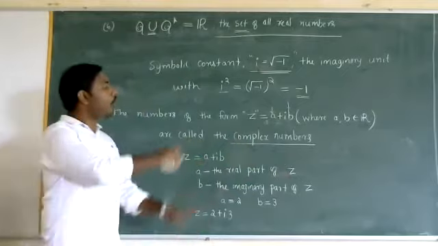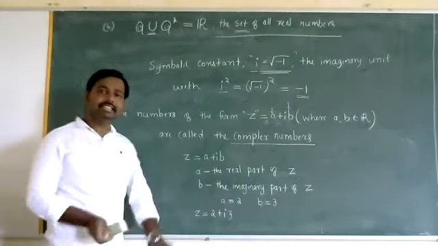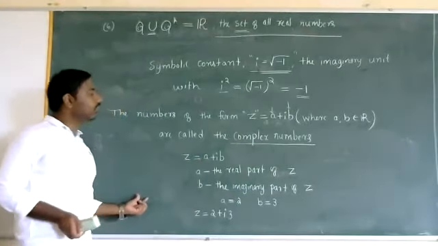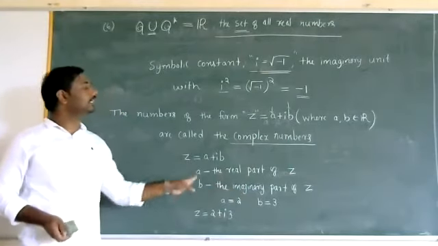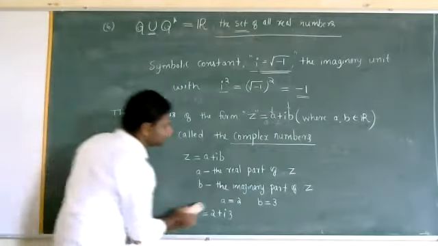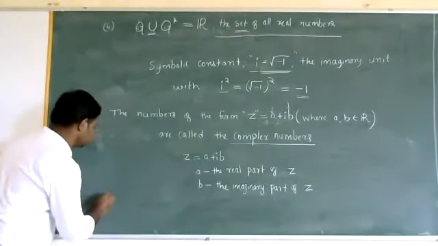Now, if I collect all those possible complex numbers under a single set, then that set is called the set of all complex numbers, or we say the complex number system.